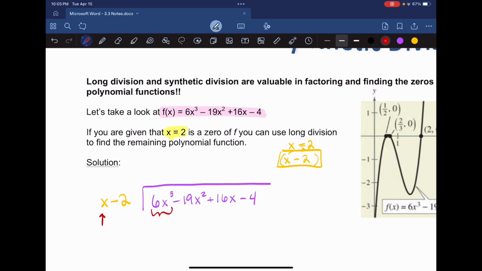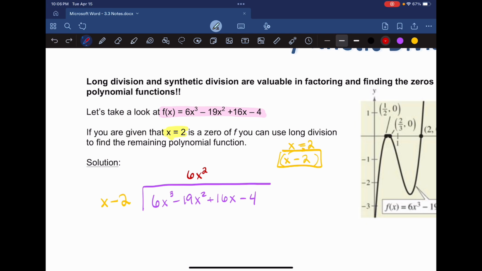Again, what would I need to multiply by x to get 6x cubed? Okay. Well, I would need to multiply it by 6x squared. Okay, so we would come over here and we write 6x squared up top. Okay, notice I'm keeping it in line too. Here I have my squares on top of each other.